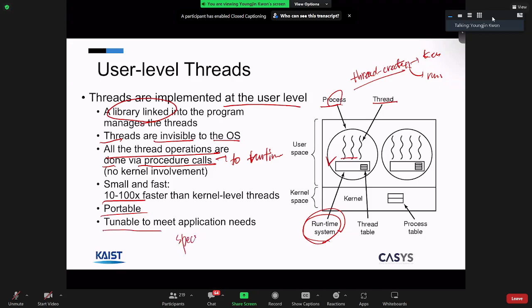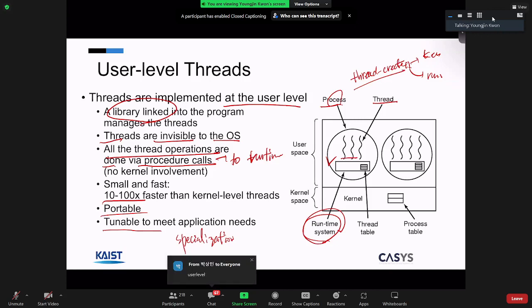Also, it can be tuned up and specialized. You can make a thread much lighter. For example, compare the TCB size, thread control block size, in kernel level and user level threads. Which one is likely to be smaller? User level thread TCB or kernel level TCB?